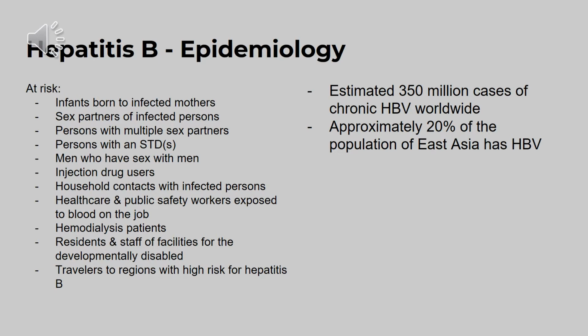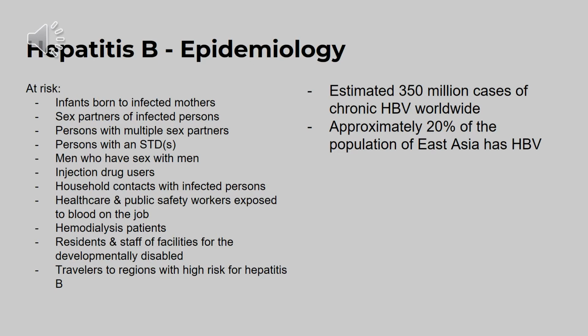Also, drug users that are at risk for Hep B are those that use injection drugs, not injection or non-injection drugs, as well as those that just have regular household contacts with infected persons. Hep B is also more prevalent in healthcare and public safety workers that are exposed to blood on the job.